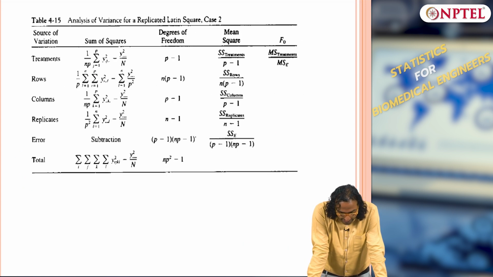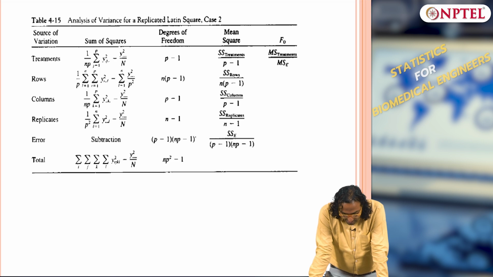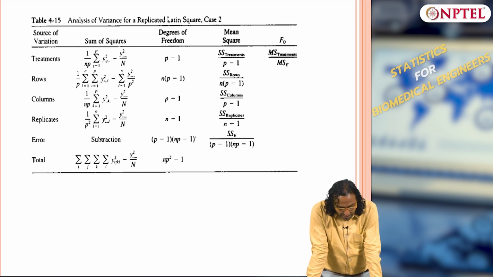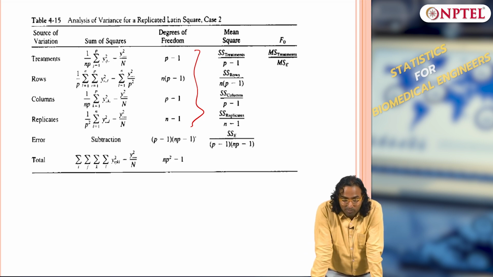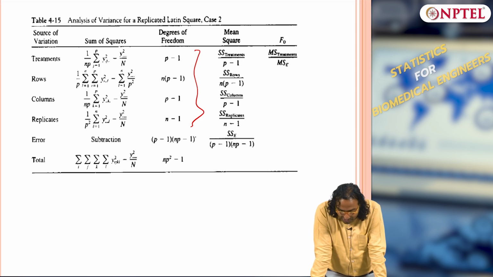Now I have one of them replicated properly, the other one not. In this case, can you tell me which is replicated and which is not? Rows are not replicated, columns are replicated properly.